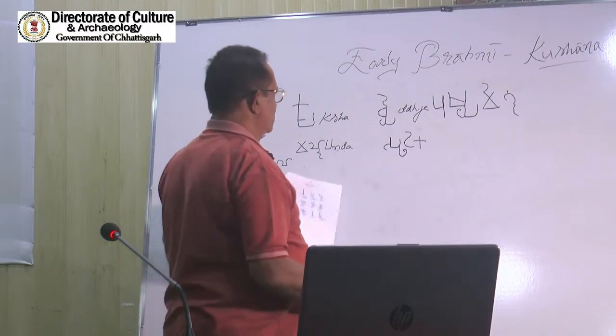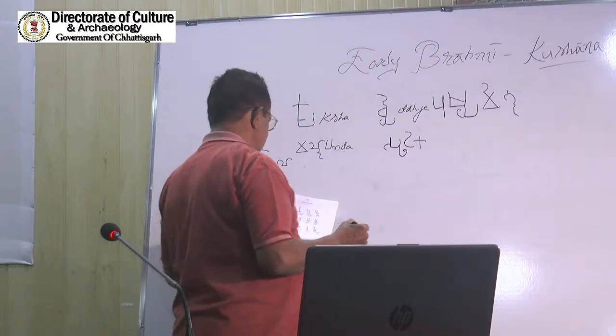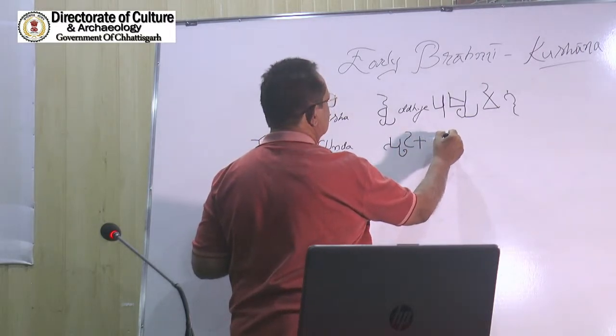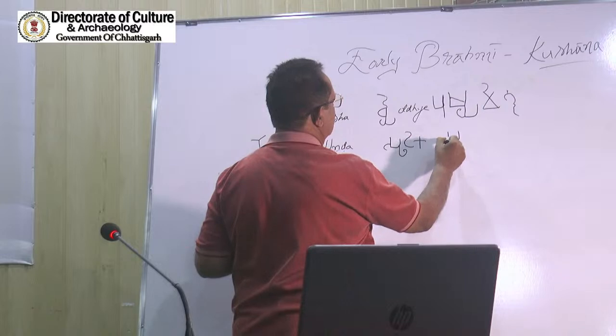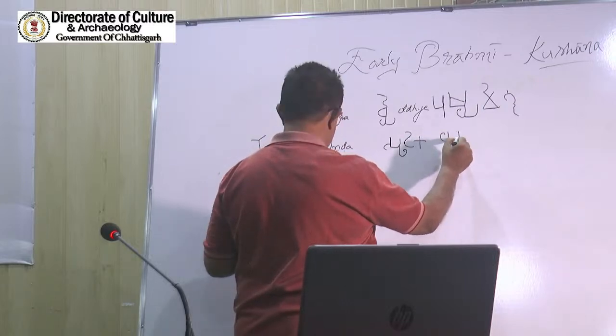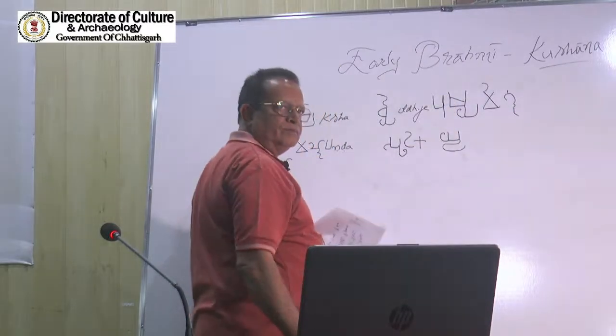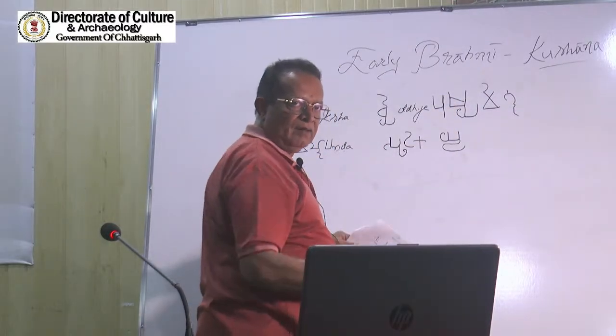Sphena, Spa, and Ya, double Ya you want to write. For example, this is the usual Ya, and below, bipartite Ya is also written. Ya plus Ya, Ya.